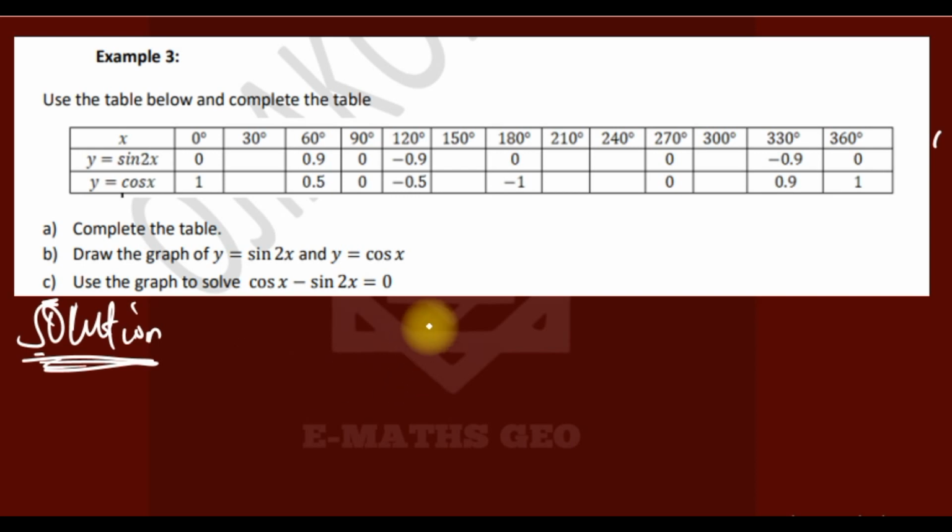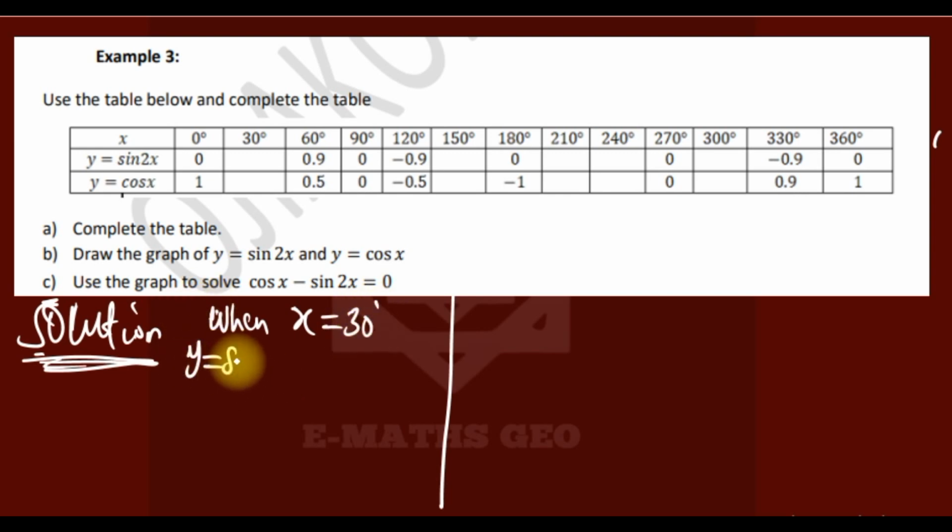Like for the first column, when x is 30 degrees, for y equal to sine 2 times 30, we have sine 60. And sine 60 is 0.8660, which is 0.9.